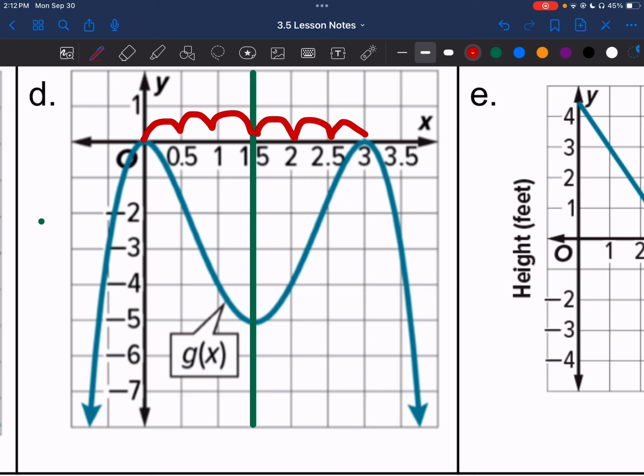So we have these being symmetrical, right? 1, 1, 2, 2. So we're seeing the same shape going on this graph. So yes, this is symmetrical, and I put my green line where it is already. x is going to be equal to 1.5.